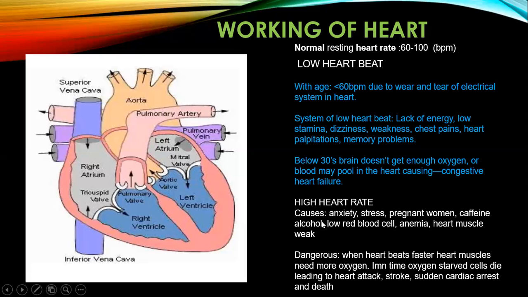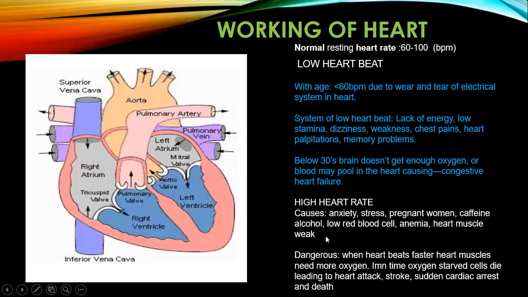But the other causes of high heart rate are anxiety, being too nervous, stress, and pregnancy. If you are taking caffeine or alcohol, you have low red blood cells, you are anemic, or your heart muscles have weakened.